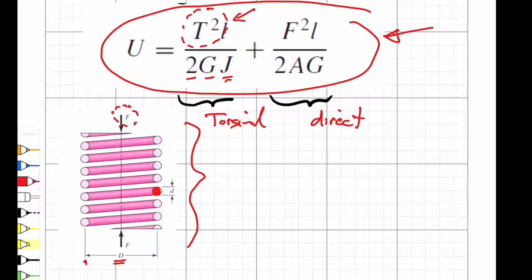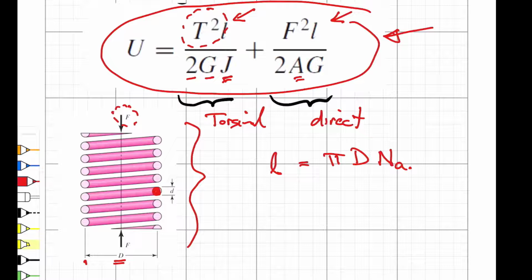We're going to multiply that by the total length of the coils that are actively loaded. We do the same thing for the direct shear term, but instead of the polar moment of inertia, we're just using the cross-sectional area. The total length of the coils that are storing energy is simply going to be expressed as pi times capital D times the number of active coils.